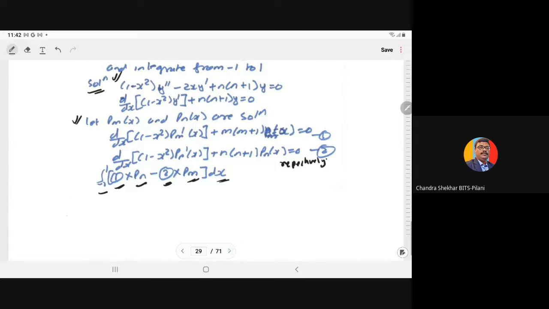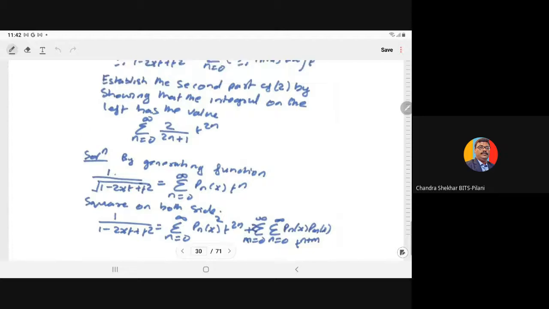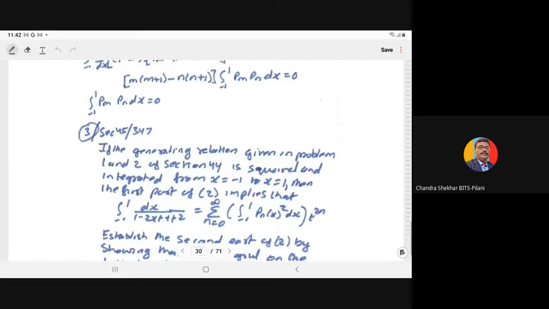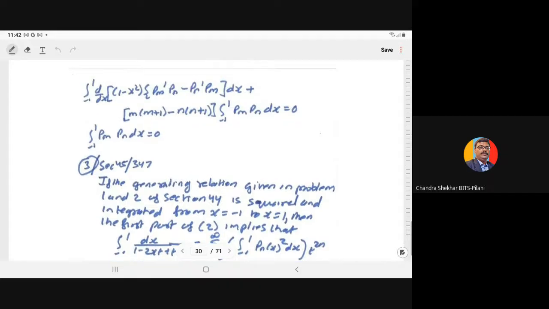So from the left hand side, what you will get? From -1 to 1, d/dx of ((1 minus x square) Pm dash) into Pn, right?